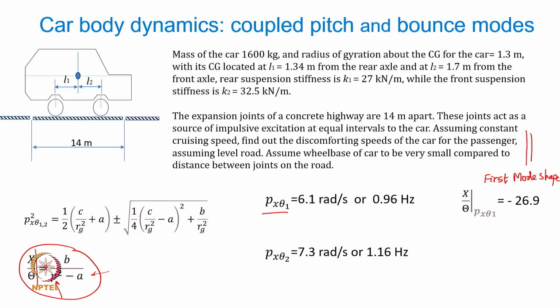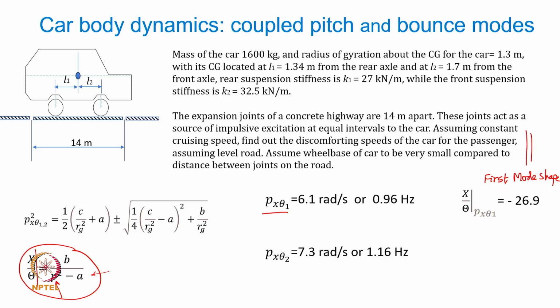Now you would wonder what this mode shape is going to look like. I think we have seen in earlier slides that the motion of the vehicle will be both pitch and bounce. So x and theta will define those kinds of motions.